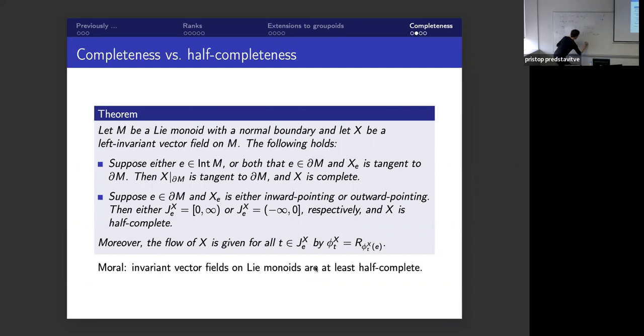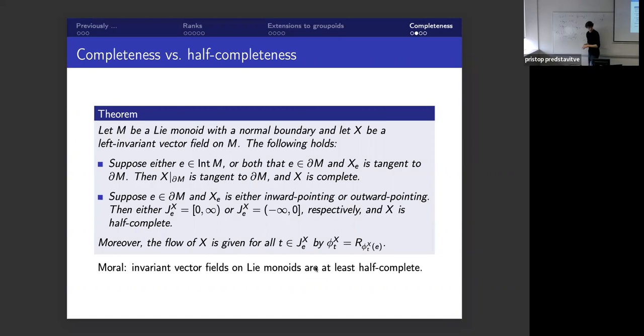It's either that E is in the interior of the monoid, or the boundary of the monoid is a submonoid. One of these two things must hold. That's what this phrase means.